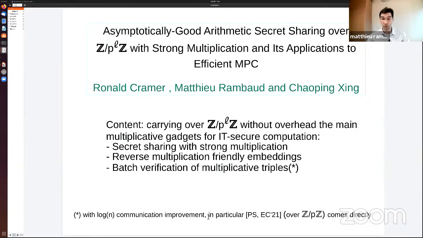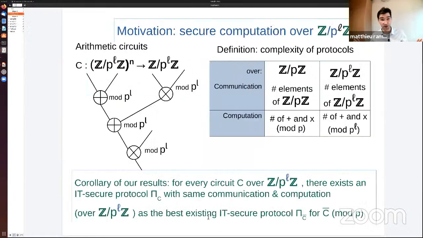So the general motivation to study these gadgets, the big picture, is the secure computation of arithmetic circuits which are naturally expressed in the ring Z modulo p^l. So circuits with addition and multiplication gates modulo p^l.